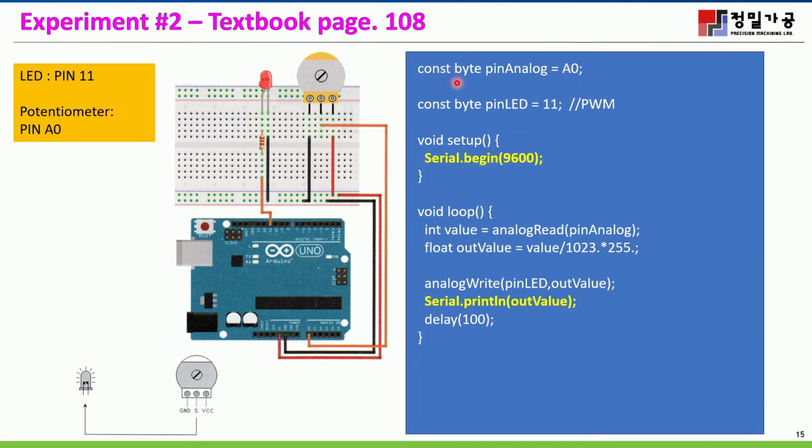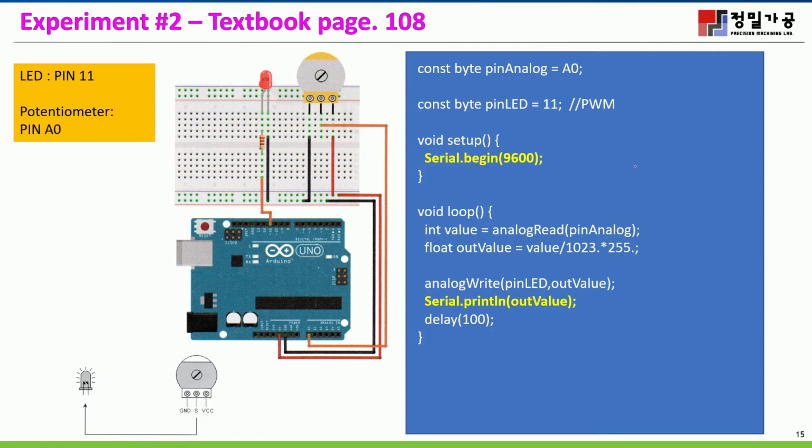First the pin analog A0, and you also know pin LED for timer 2, pin 11. And then in void setup, serial communication, serial begin 9600, and in void loop we read analogRead pin A0, store the value in an integer variable, okay, this one converts the value from 1023 to 255 maximum.